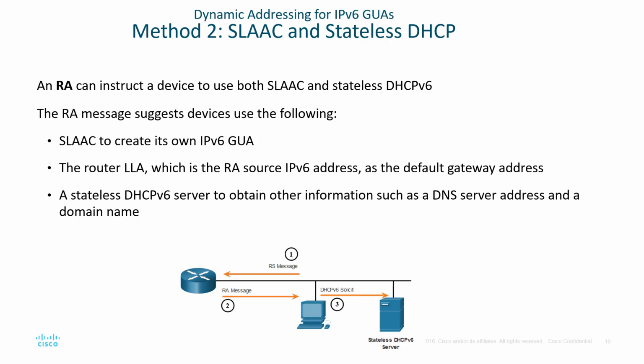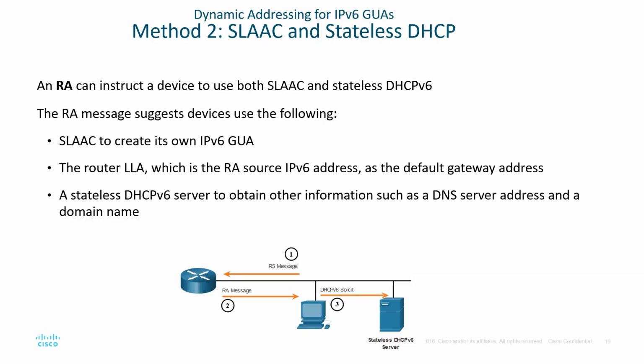The router LLA, which is the RA source IPv6 address, as the default gateway. And for all the other information, such as DNS and all that other stuff, use the stateless DHCP version 6 server to obtain that information. So this is the second method that you could choose.